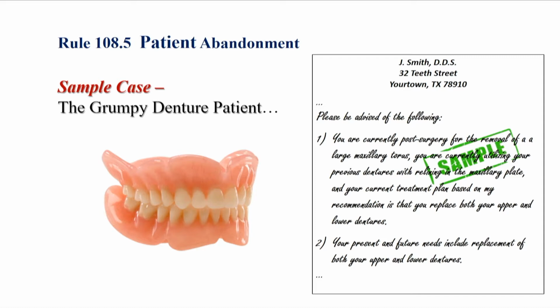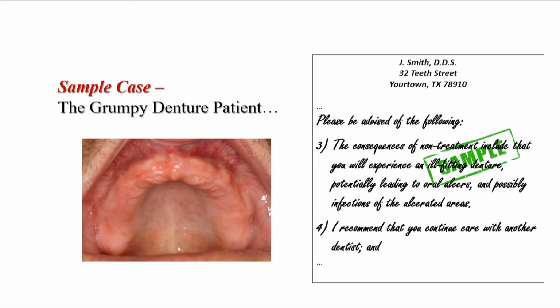Number two, your present and future needs include replacement of both your upper and lower dentures. Number three, the consequences of non-treatment include that you will experience an ill-fitting denture, potentially leading to oral ulcers and possibly infections of the ulcerated areas.